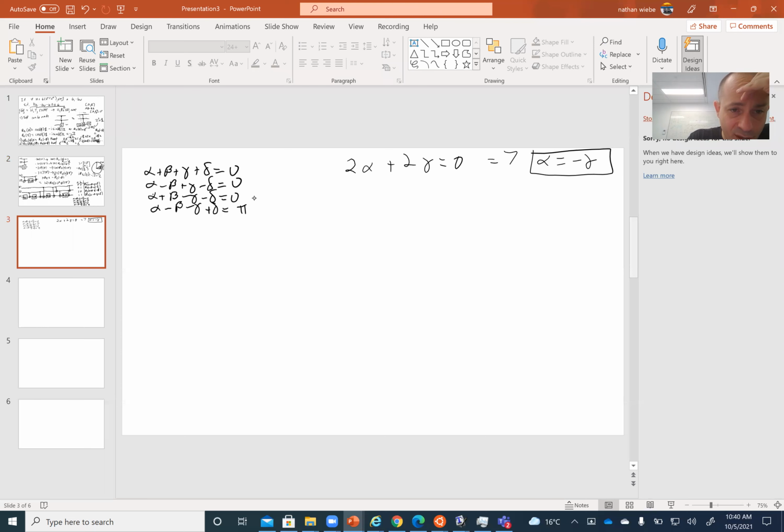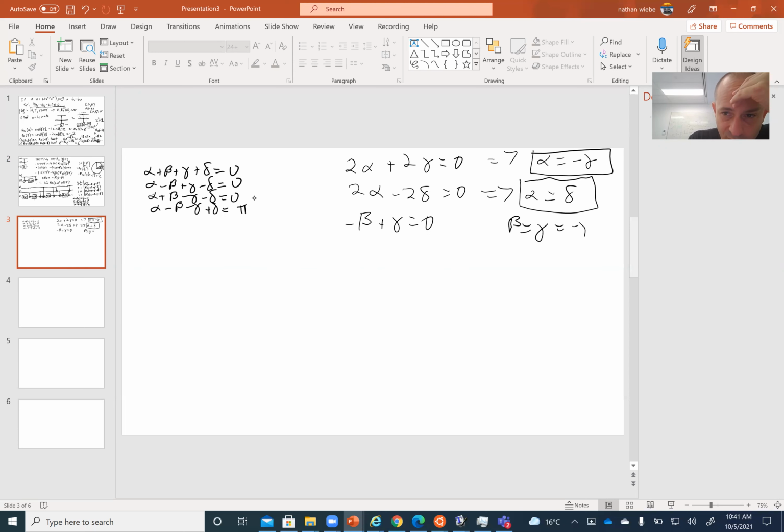Adding together the second and the third equation, we end up getting that 2 alpha minus 2 delta equals 0. This implies that alpha equals delta. Substituting this into the second equation, we end up getting that beta minus beta plus gamma equals 0, and this implies that beta equals gamma, which is equal to minus alpha.